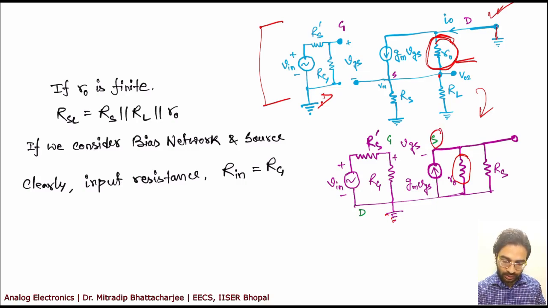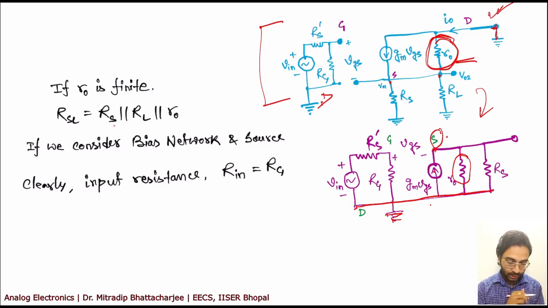What was your GM VGS? It was from ground to source. That's why you see the arrow, the direction of the current has changed. So here also it is from ground to source. Here also from ground to source, right? So now you have this part as drain, this is gate, this is source, right?